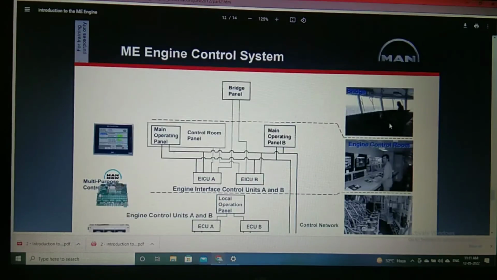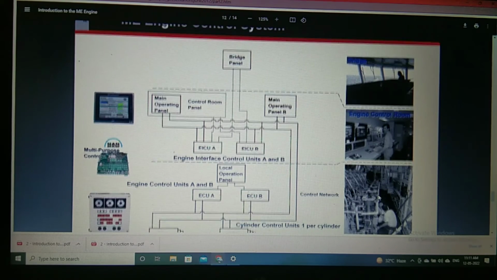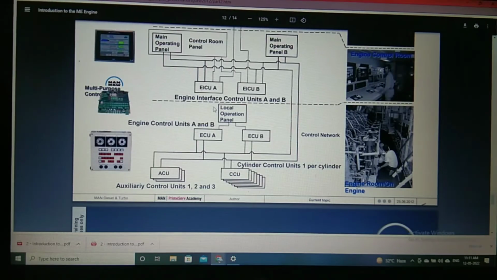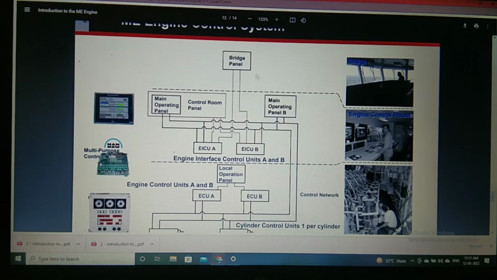Now this is the ME control system actually. So this is your bridge, this is the engine room. Okay, so this is the operating panel. You can see this is the bridge panel, right? This is your main operating panel. This is the control room.